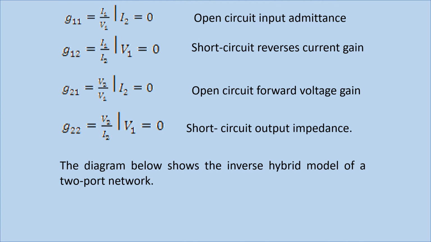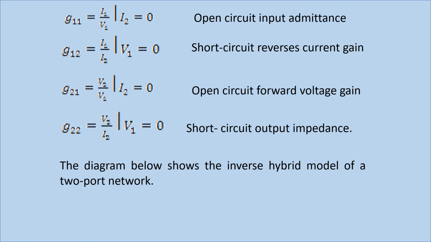Now, from the formulas of inverse hybrid parameter stated in slide 10, we can get our G11, G12, G21, and G22 as follows. Our G11, also called open circuit input admittance. Open circuit because our current I2 is equal to 0. That's why it's called open circuit input admittance.